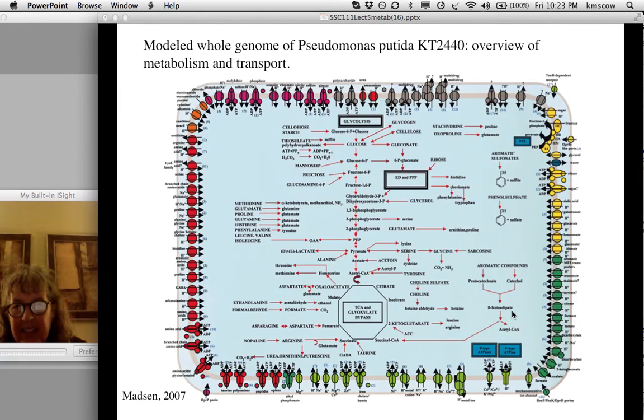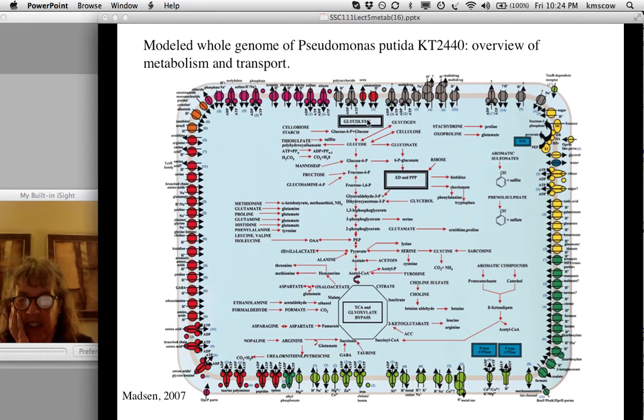Oh yes, and here's another one showing an organization of all the genes that are shown here around the outside, including transport proteins that carry things into the cell, and then the pathways inside the cell that carry out all the reactions that we were looking at.